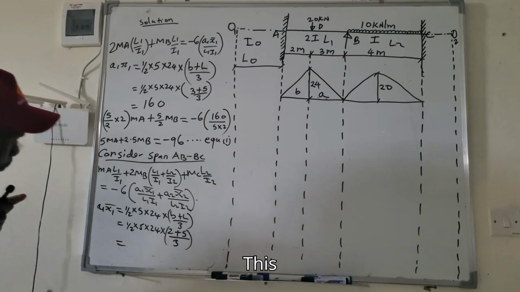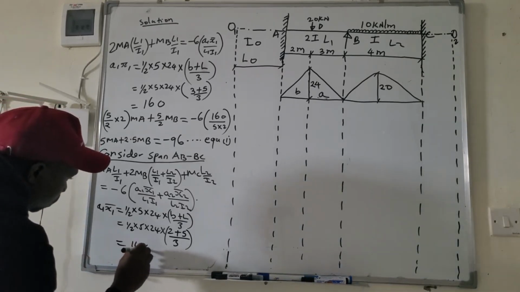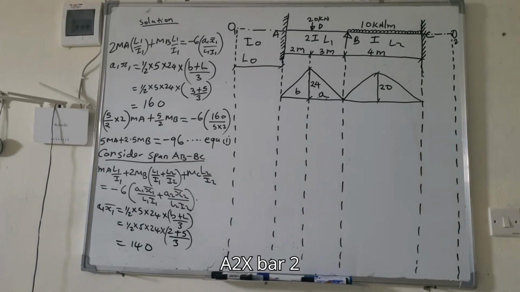So this one will give you 140, like that. And then we proceed to A2 x bar 2, and we find its value.